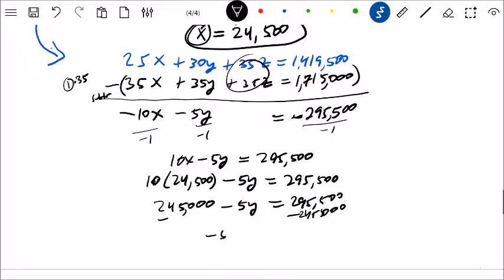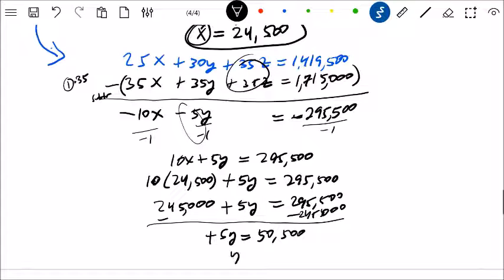I forgot to change that when I did these negatives. That should be plus 5y. Okay, now it's correct. They're all pluses for this one. So I have a positive 5y is equal to 295,500 take away 245,000, you get 50,500. Divide by 5, and y is equal to 10,100.